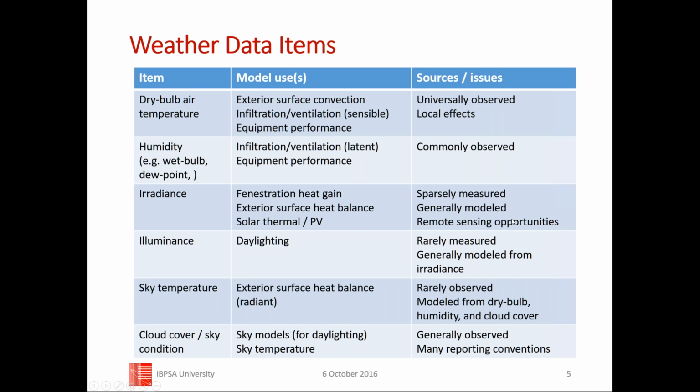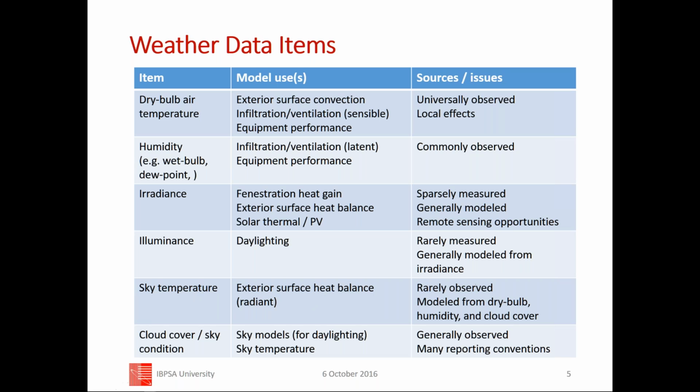Remote sensing is coming in with satellite sensing and things to help fill in the fact that this information is not measured typically. Illuminance is the portion of the solar spectrum which is visible to the human eye, and that's needed for daylighting. It's rarely measured, and usually it's modeled from irradiance, which, as I said, is in turn modeled. So often it's all fabricated data in some fashion.